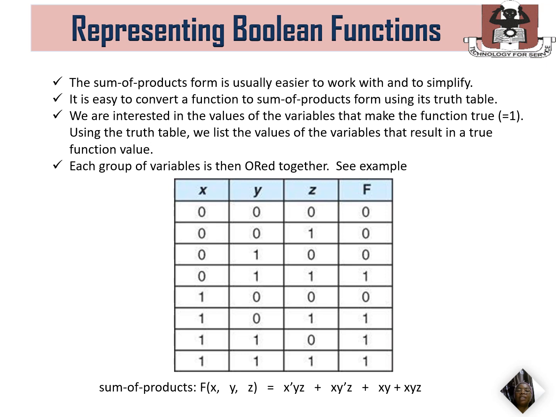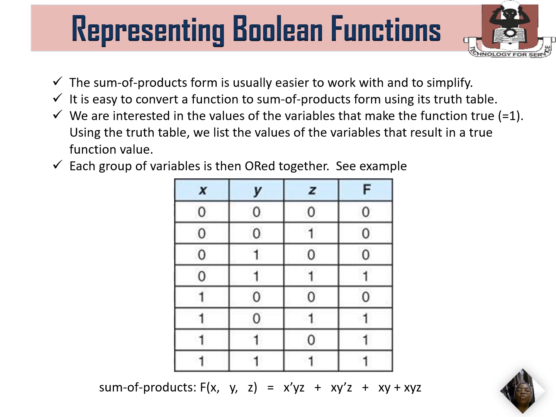So in this kind of Boolean function, we are only interested in the points where the function is true. That is where we have a high output. So using the truth table below, we have listed the values of variables that resulted in a true function.